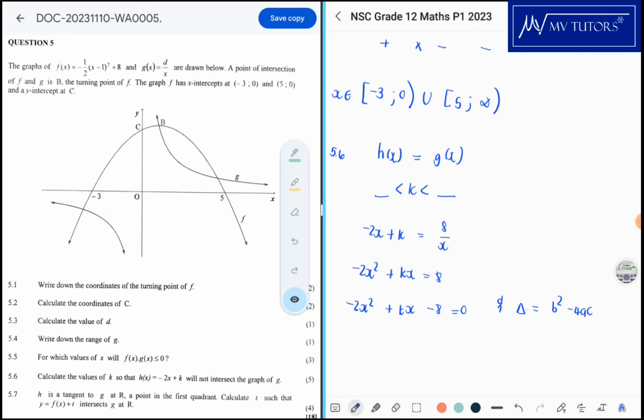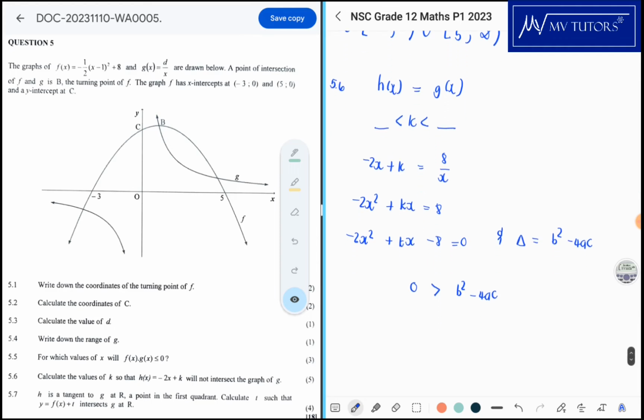Actually, when we say the discriminant is equal to b squared minus 4ac, we're talking about real roots, when it has real roots. But in this scenario, actually, we're going to have 0 being bigger than b squared minus 4ac. And if we substitute the values there, according to our equation, we know that b is actually k.